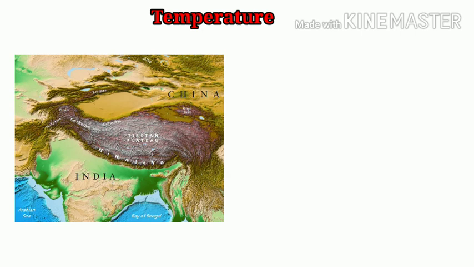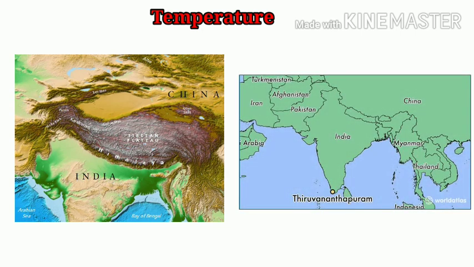So the temperature in the winter in the northwest mountains, we are talking about the Himalayas region, goes down to minus 45 degrees Celsius. Especially we are talking about Jammu and Kashmir. And if we talk about the southern part of India, you can see Thiruvananthapuram on your screen.